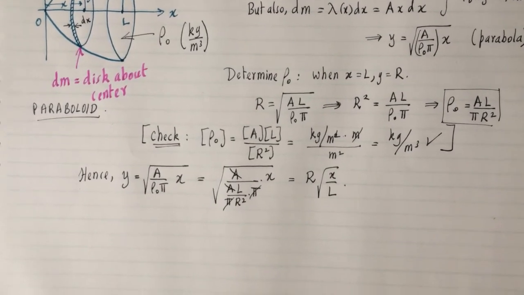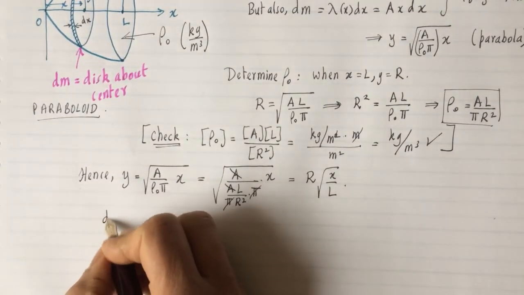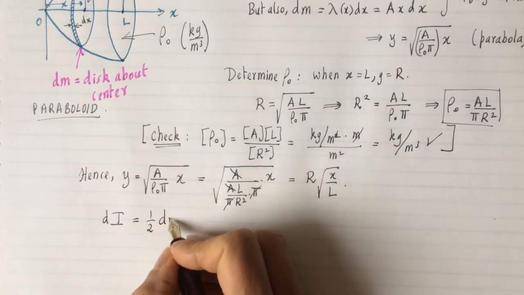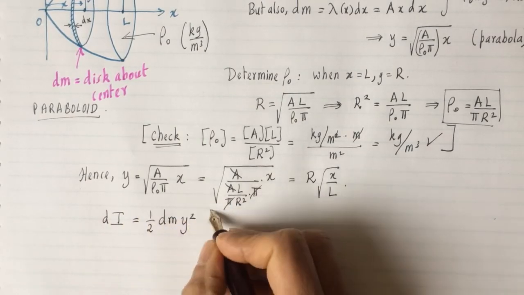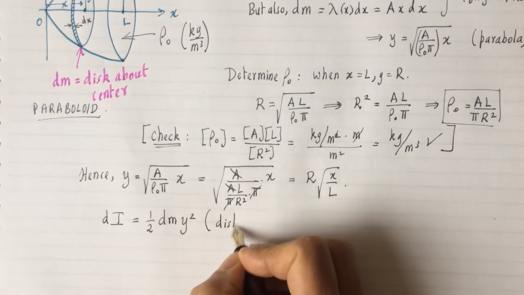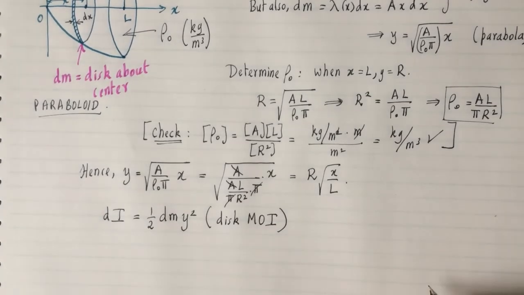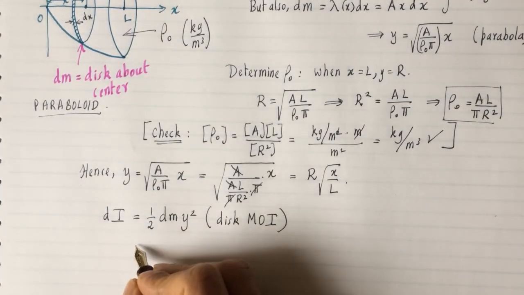The moment of inertia dI is just 1/2 the mass times the radius squared. That's your standard disk moment of inertia, standard result, half m r squared.